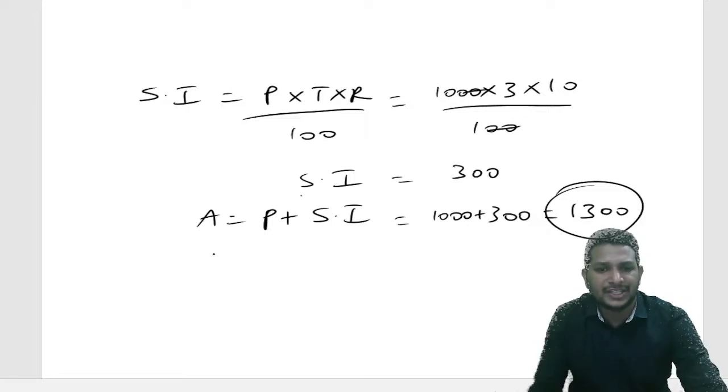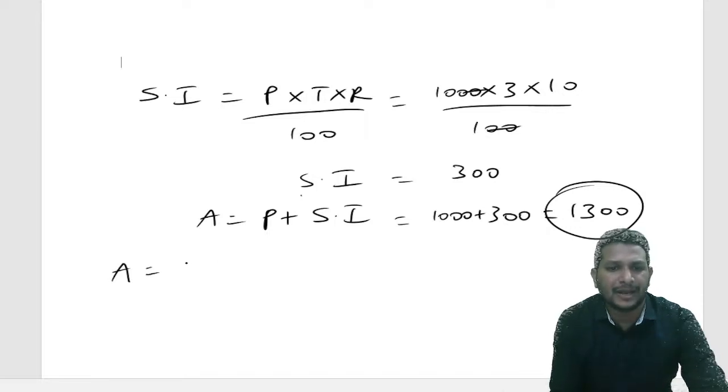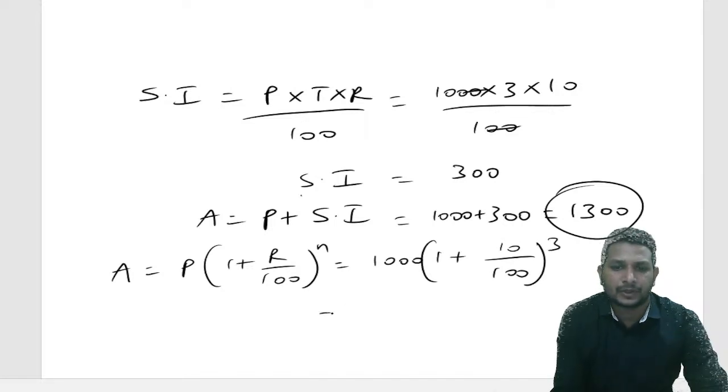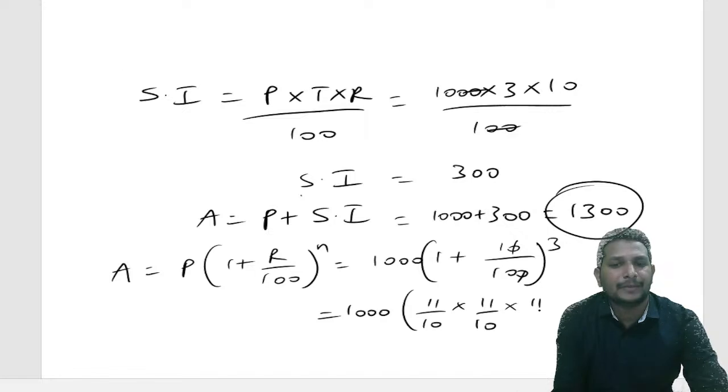In compound interest, we know the amount formula as P into (1 plus R by 100) power N. So P is given as 1,000. R is given as 10 by 100, power 3. So 1000 into 10 by 10, cancels: 10 plus 1, 11 by 10, 11 by 10, 11 by 10, because they gave the time as 3 years, right?